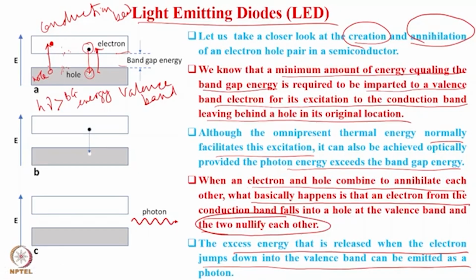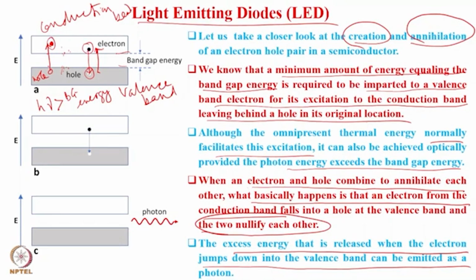This needs a photon of appropriate energy to be shone onto it, and then the electron will absorb that photon and jump to the conduction band.